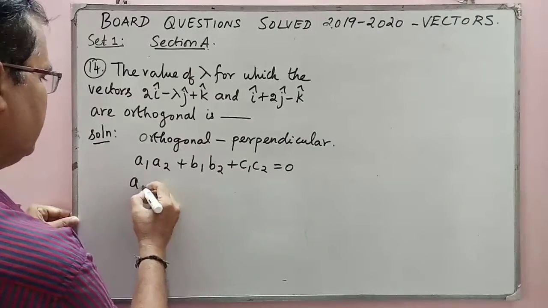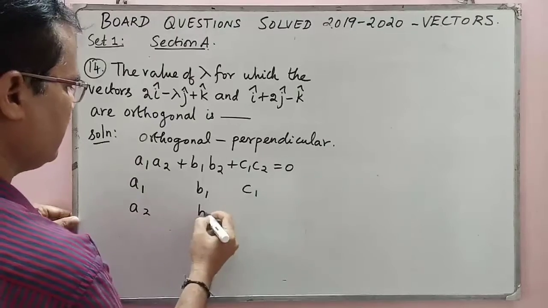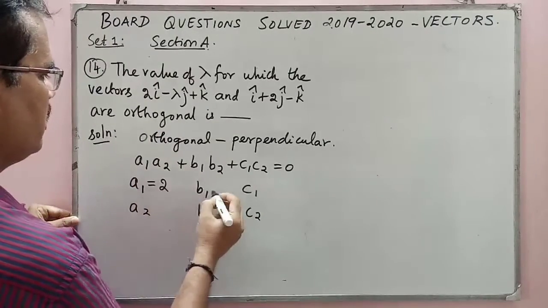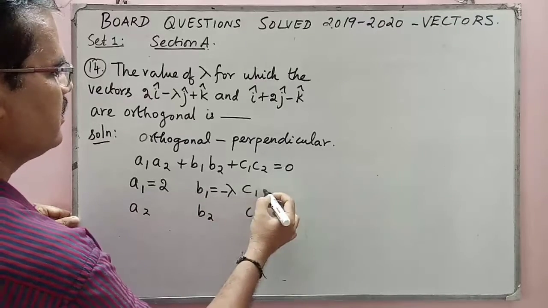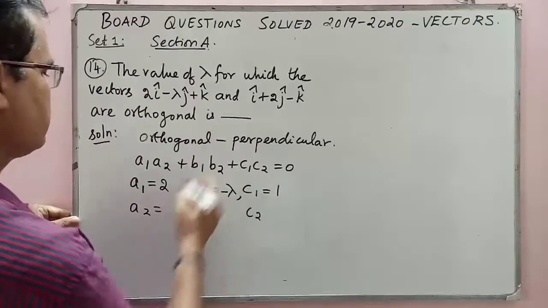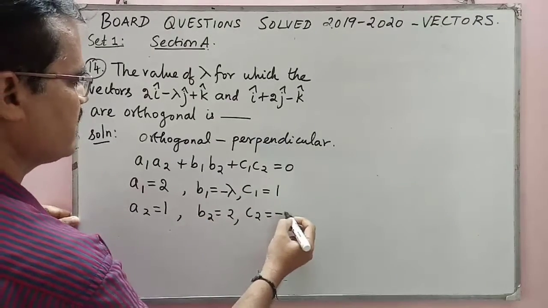Let us identify the direction ratios of the first vector and the second vector, then we'll substitute. a1 is 2, b1 is minus lambda, c1 is 1, a2 is 1, b2 is 2, c2 is minus 1.